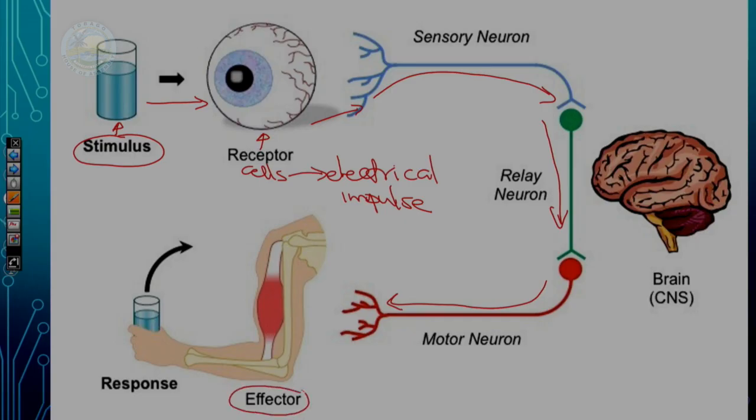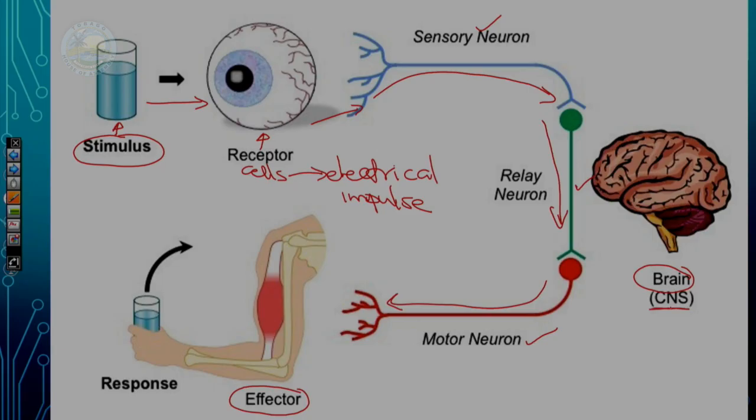Remember, the effector is a gland or an organ that is going to carry out the response. So these neurons here, you're going to have to know about your sensory neuron, your relay neuron, which is found mainly in the brain and spinal cord, which makes up your central nervous system, and you need to know about your motor neurons. But remember, we're doing a very, very quick recap.